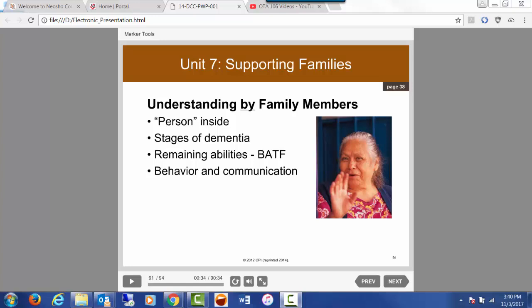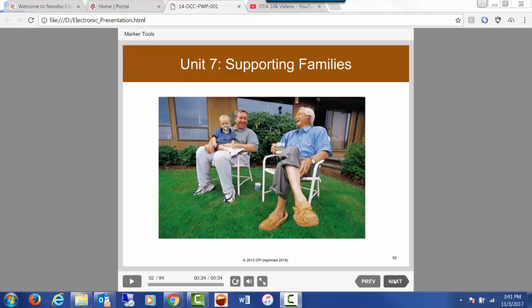Remember to always look at the client's remaining abilities and their best ability to function. What are the best approaches when it comes to behavior and communication? Creating a community for dementia clients requires a group effort.